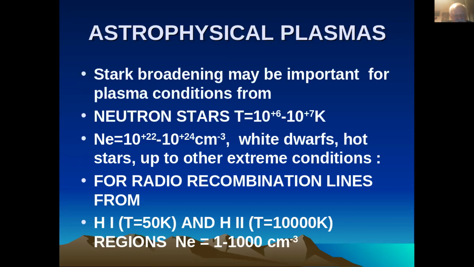Also, astrophysical plasmas are incomparably more varied in comparison with laboratory plasma, so that Stark broadening may be important for plasma conditions like for neutron stars, which have temperature from 1 million to 10 million kelvins, and an atmosphere where highly ionized iron 24, 25, 26 dominates, and electron density there is 10^22 to 10^24 per cubic centimeter.